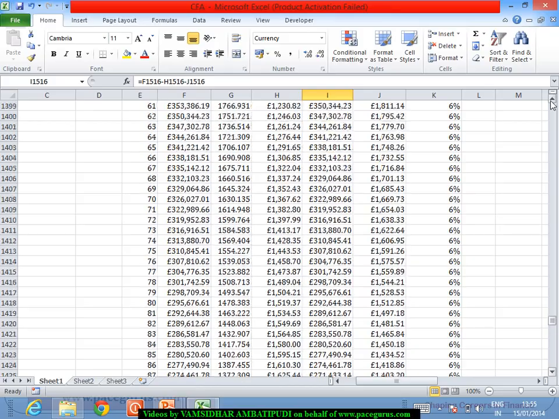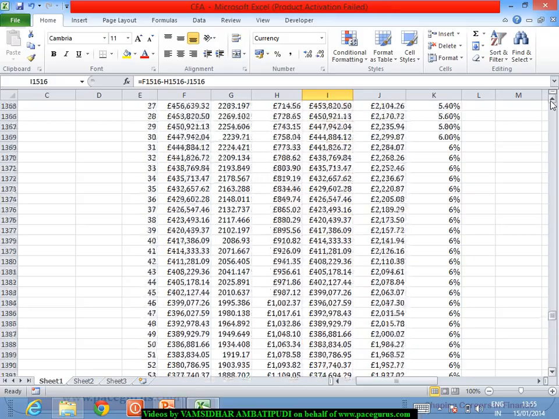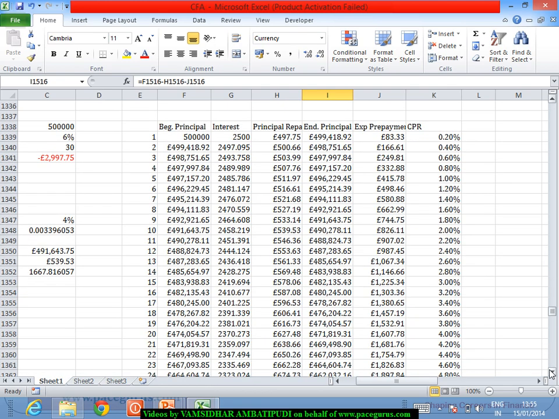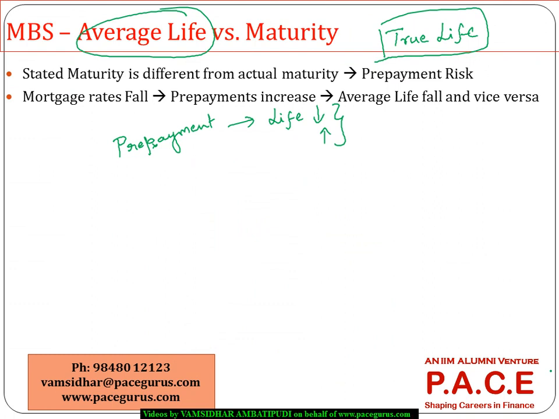I am assuming that by the 178th month itself, the loan is getting completely paid off. The scheduled interest and principal, as well as the expected prepayments, all of them are taken care of by the time we reach the 178th month. That is what we typically call the average life of the MBS, right?